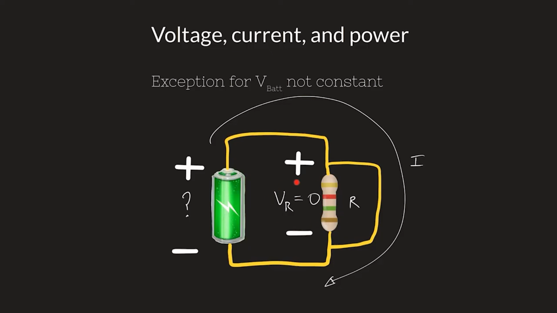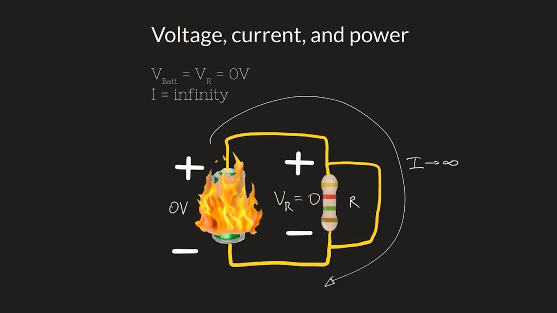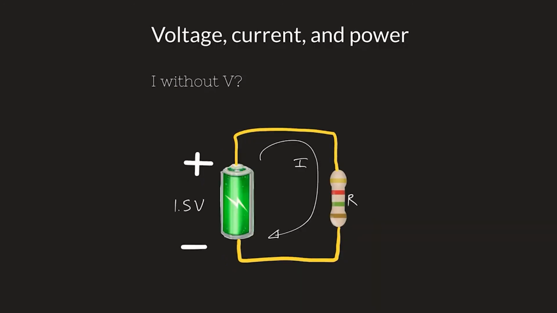So it's shorting across the resistor, the voltage is 0, and the battery is going to burn out. There's going to be infinite current, essentially, being pulled out of the battery, and it's going to get hot. So if you've ever connected the terminals of a 9-volt battery, you'll notice that after a few minutes it'll get hot, and it causes fires, or can cause fires.